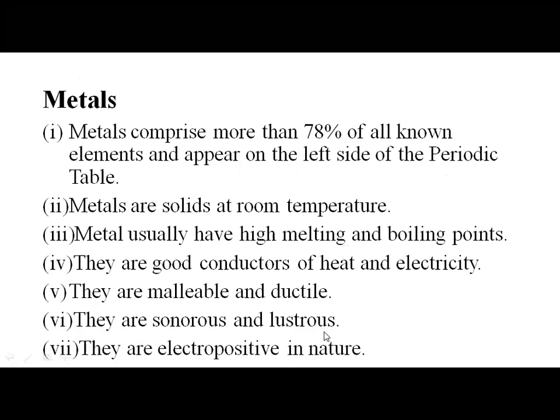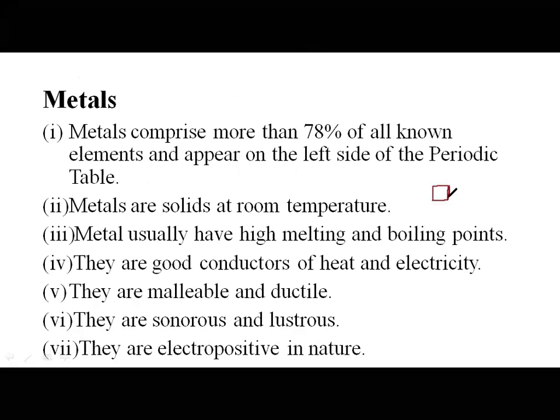Metals are sonorous and lustrous. That means when you hit a metal, it produces a ringing sound which echoes. Lustrous means they have a shiny surface. But if I take a block of sodium, it has a shiny surface, but after some time this shiny surface disappears.